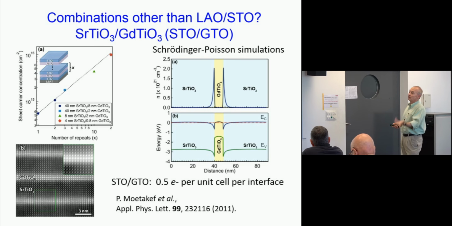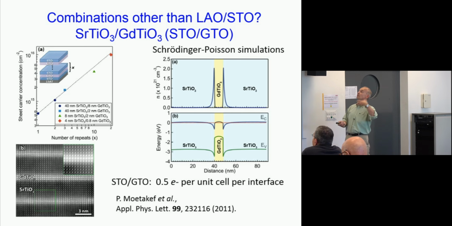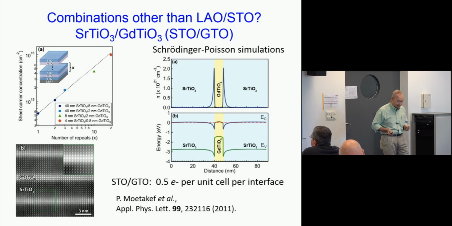If you use different material combinations, in particular, if you use gadolinium titanate rather than strontium titanate to form the heterojunction, you can actually get even an order of magnitude higher, 10 to the 14th electrons per square centimeter, okay?